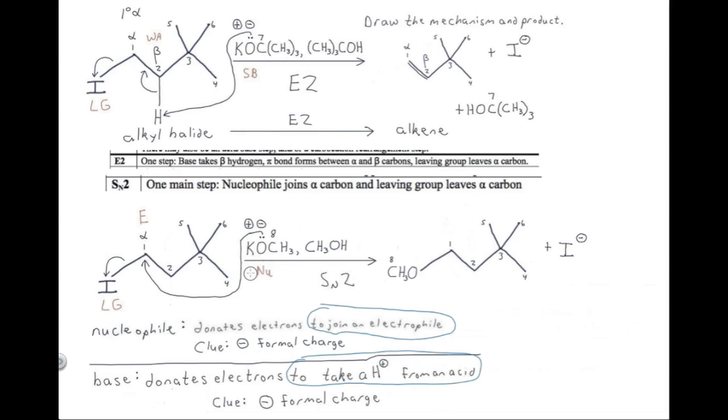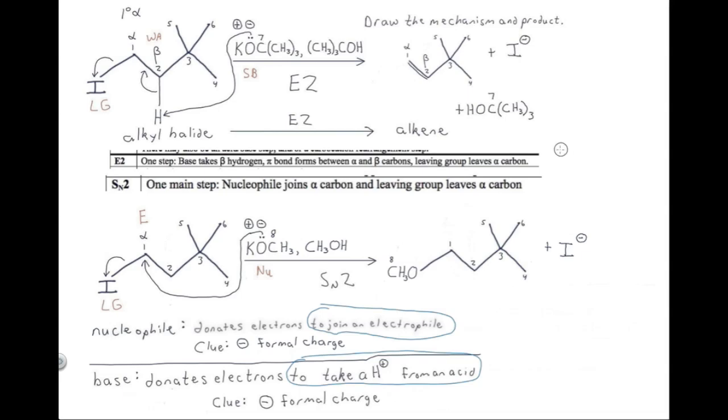Here we have a nucleophile that is donating electrons to join this other molecule. And you can see in the product that the nucleophile has joined the other molecule. Whereas here we have a base that is donating electrons to take a proton from this other molecule. You can see in the products that the base has not joined the other molecule. The base has simply taken this proton from the other molecule.